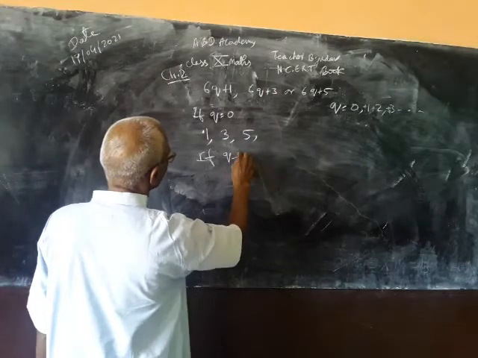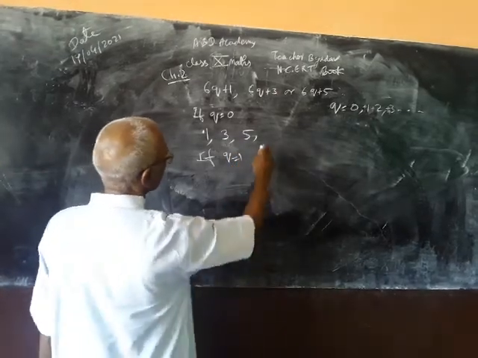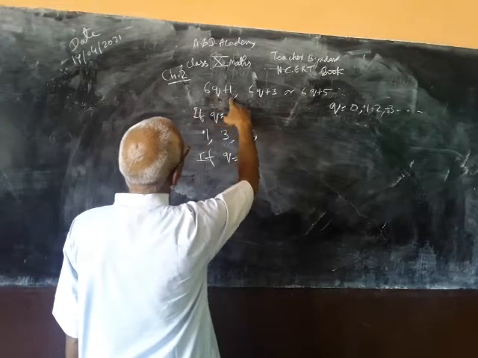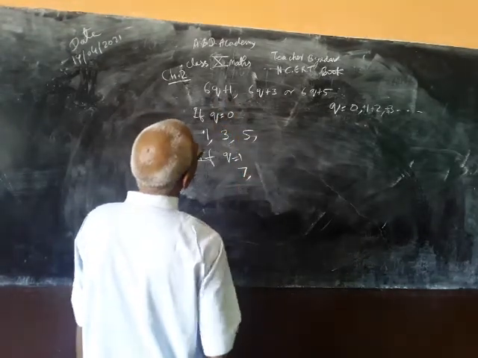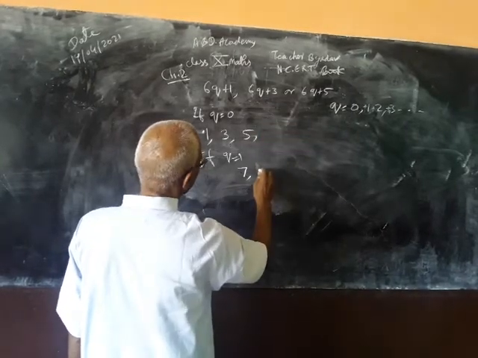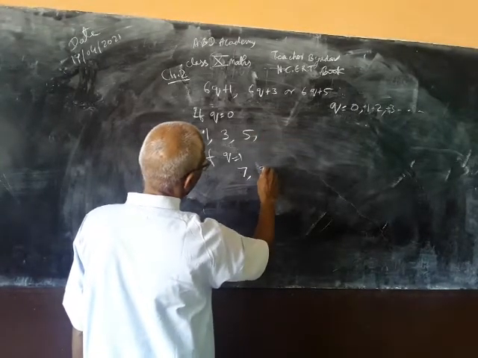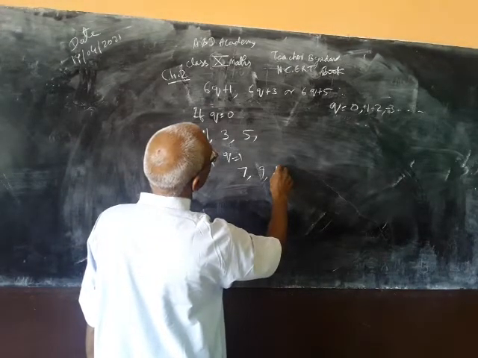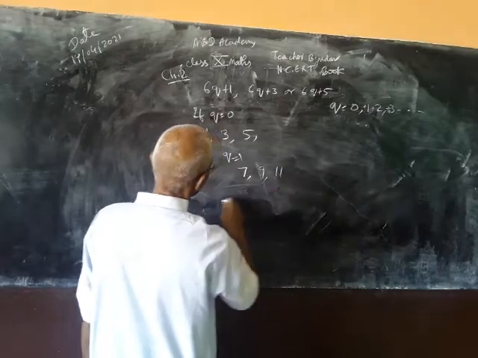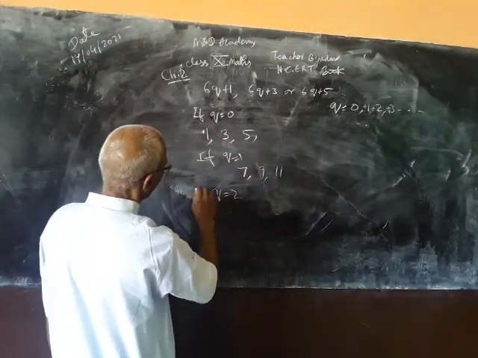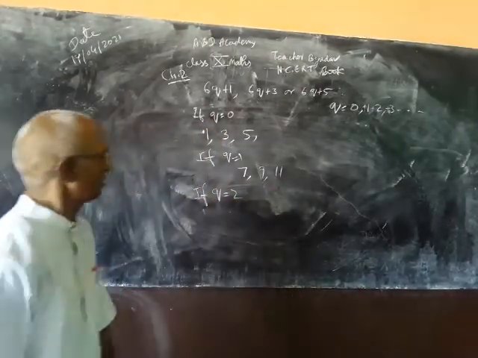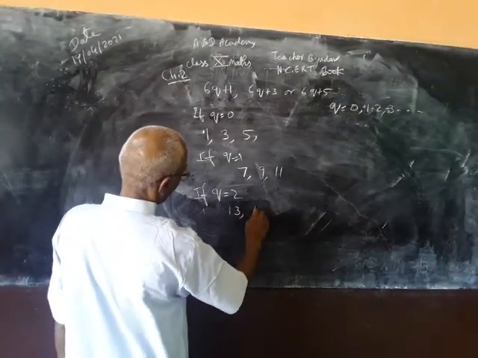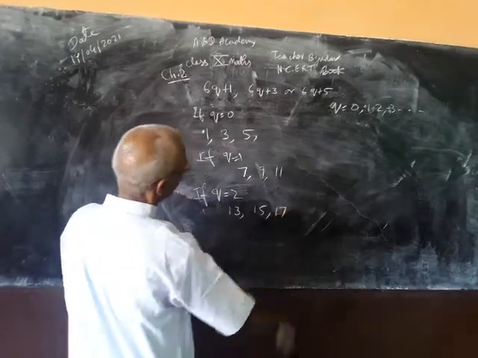If q is 1, then 6 into 1 plus 1 is 7. From the second it becomes 6 plus 3, that is 9, and from the third 6 into 1 plus 5, that is 11. When q is 2, likewise it is 13, then 15, and then 17.